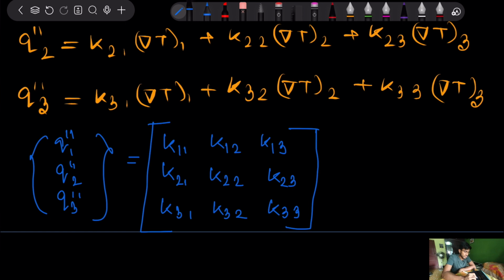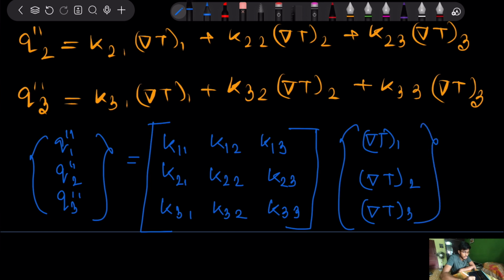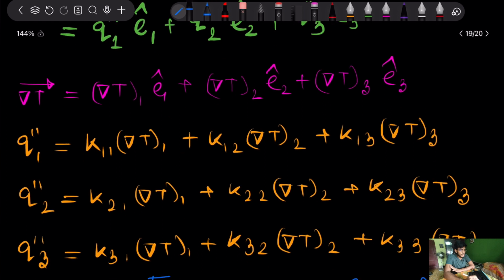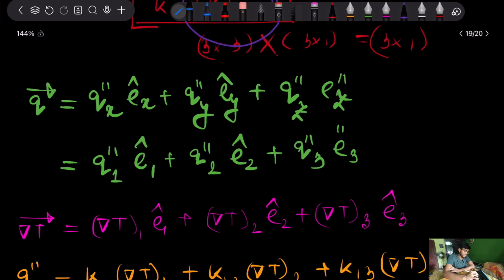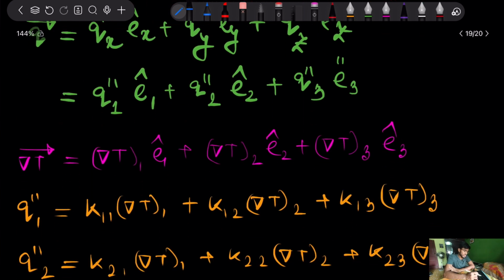multiplied by del T1, del T2 and del T3. So now this is the general case. In Fourier's law of heat conduction, nowhere is it stated that Q1 is only a function of del T1.